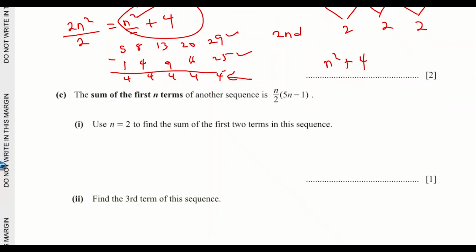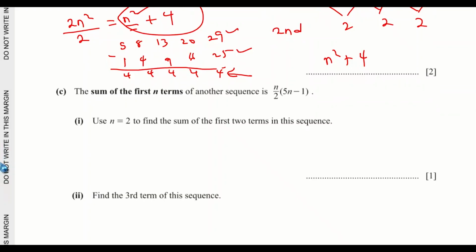So the sum of the first n terms of another sequence is n over 2 into 5n minus 1. Okay, so use n equals 2 to find the sum of the first two terms in this sequence. So the sum of the first two will be equal to this. So we have 2 over 2 into 5 into 1 minus 1.